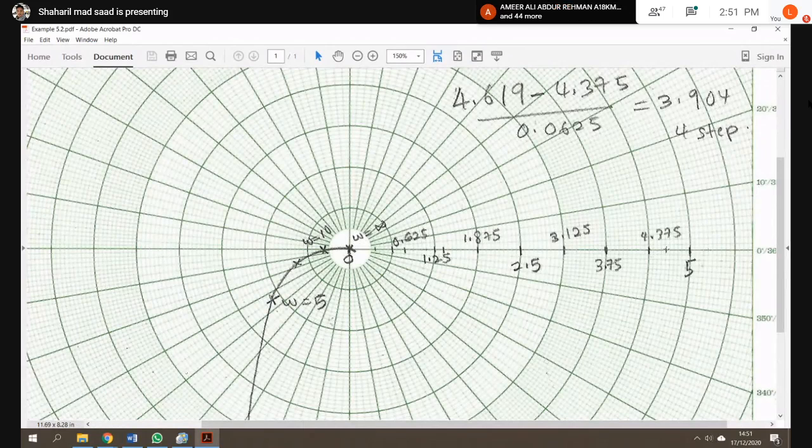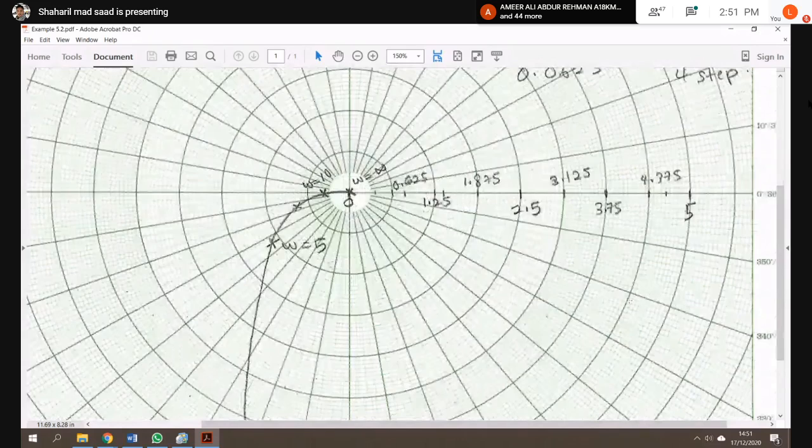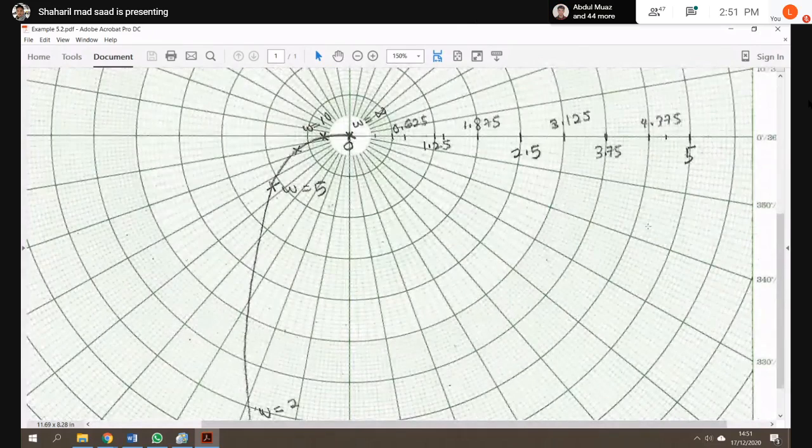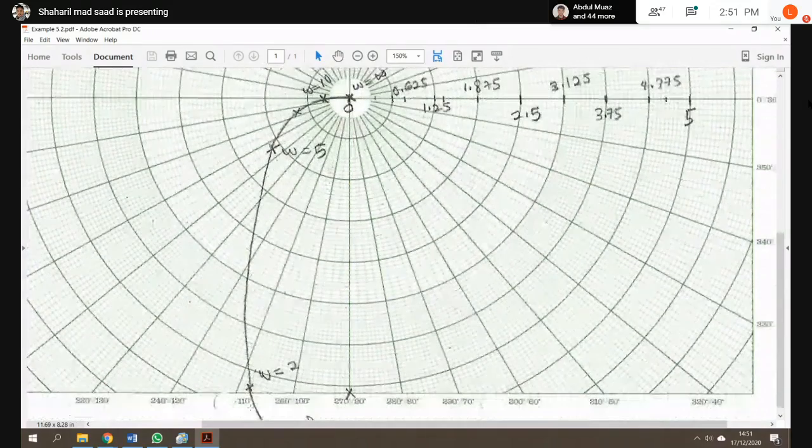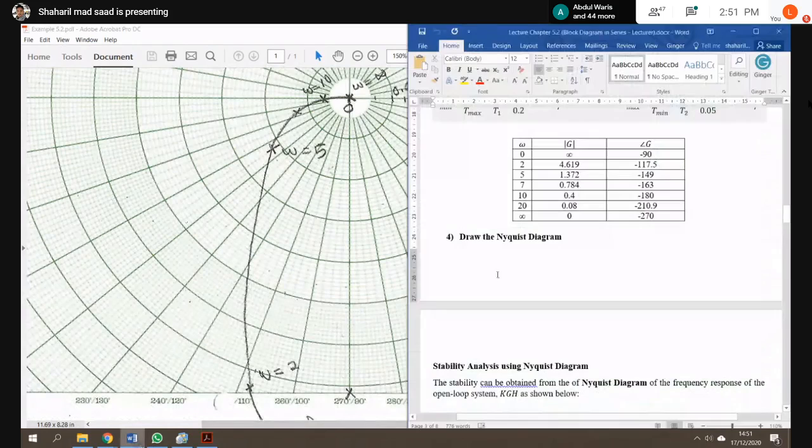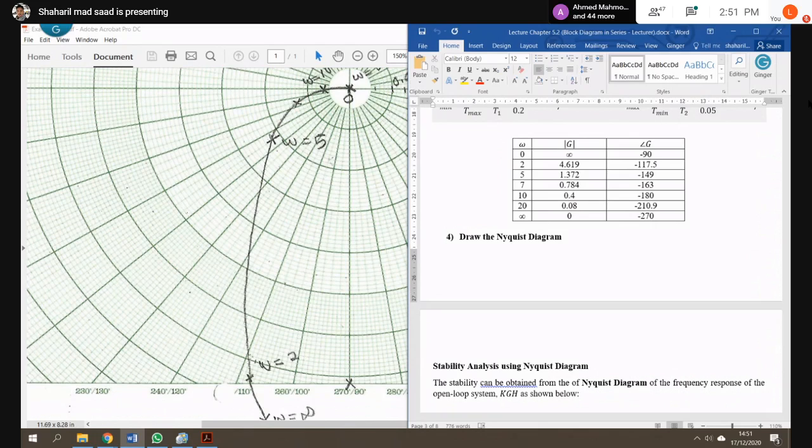So 1 2 3 4 5, 4. Then you draw it 4 here, until here. But you need to look at the angle, it is minus 117. So it should be around here. Yeah, some mistake there.